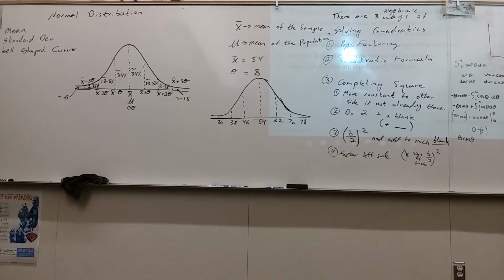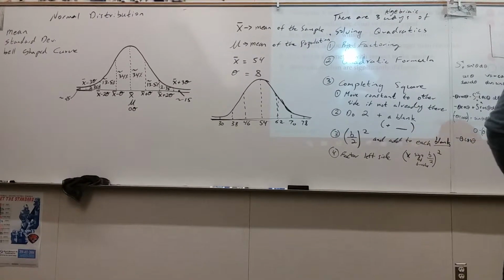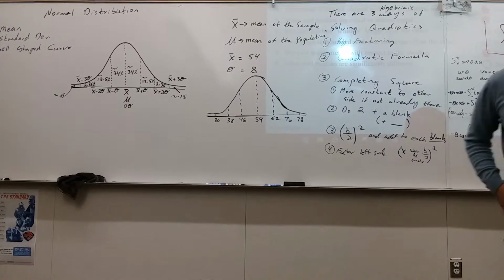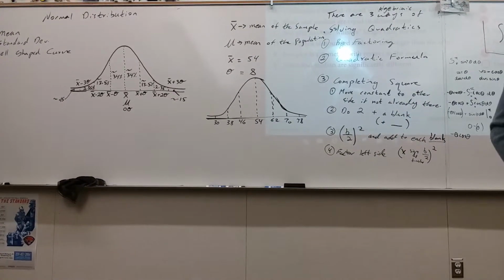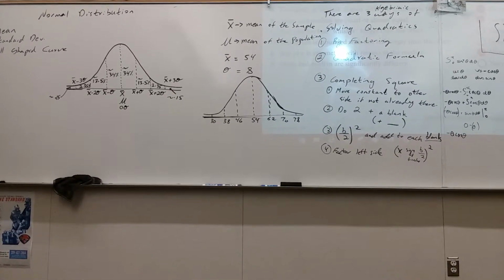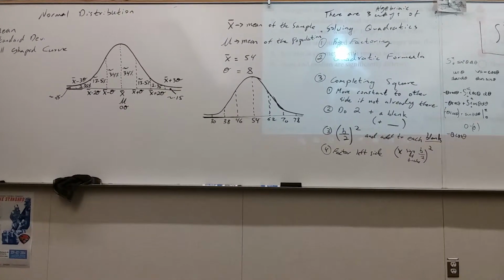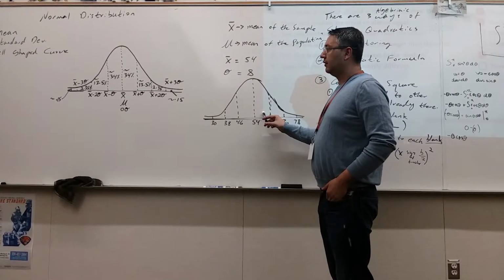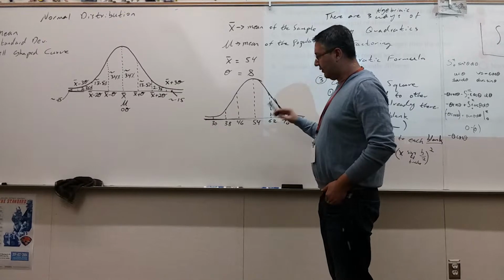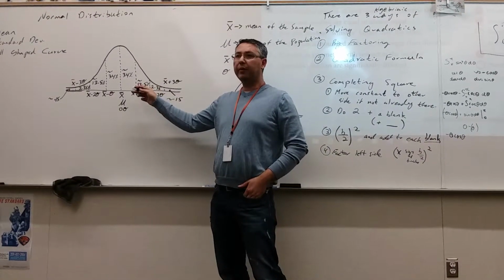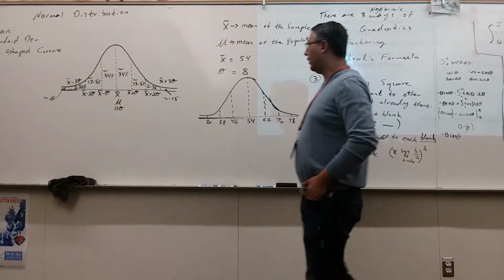What percent of the people scored something between 46 and 62? 68. 68% is correct. How did you guys get this? Add them up. Now guys, the answers to these questions, are they coming from here? No, they're coming from here. So you have to know these percentages so that way you can answer the questions.